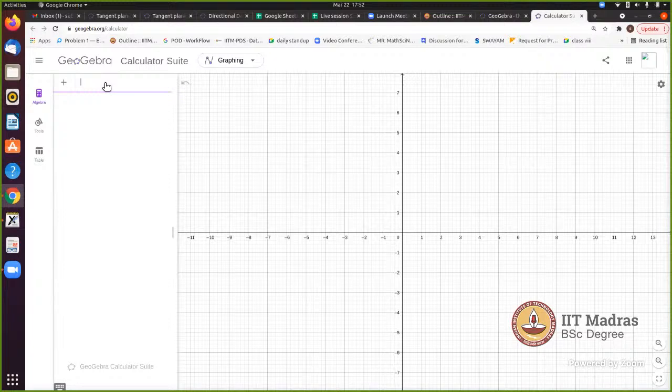When x is greater than 0, the function is y equal to x. So from this point onward, right? And at 0 we are defining it to be 0, so this is the origin.